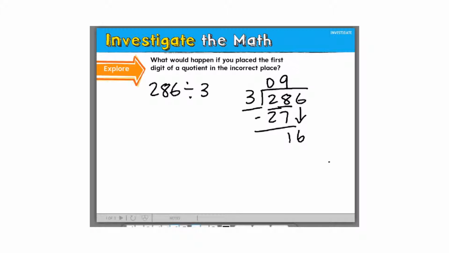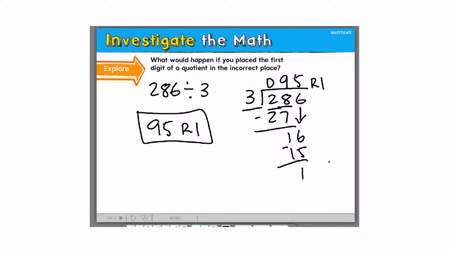No, more than 4. 5. 5 times 3 is 15. And then you get 1. If we would have put 4, we would have had 12 there. And then when we subtracted, our remainder would be more than the number on the outside, so we know we did something wrong, right? So then my answer is just 95, remainder 1. Remember how I said the 0 in the front or the X or the dash, you don't need to put there. That's just a placeholder.